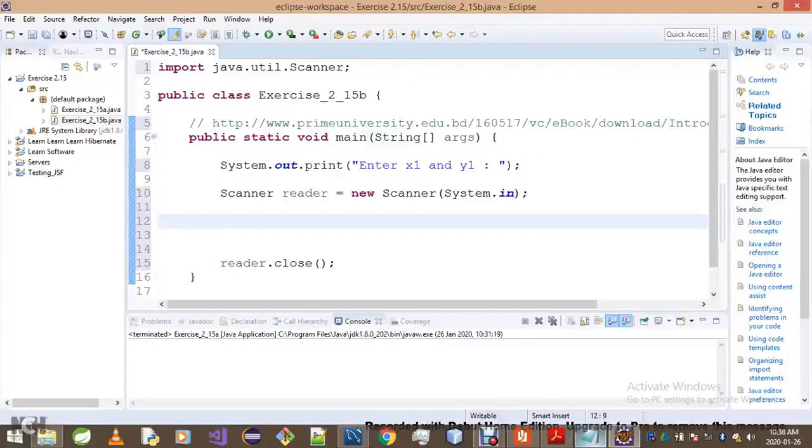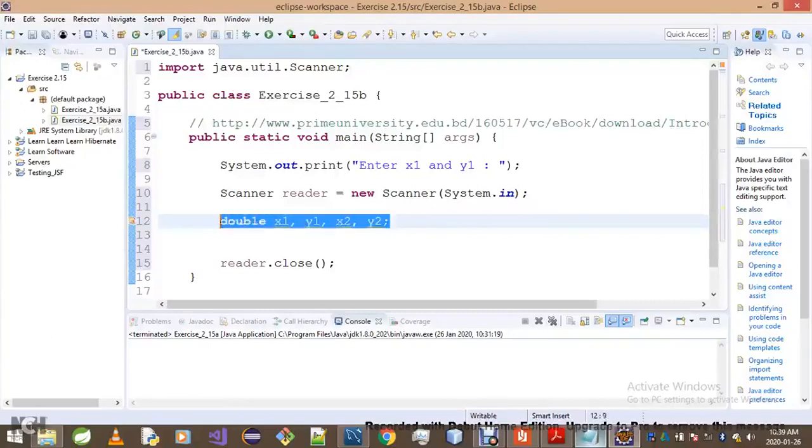What you want to do right now is simply read the values. So let's go double x1, y1, x2, y2.